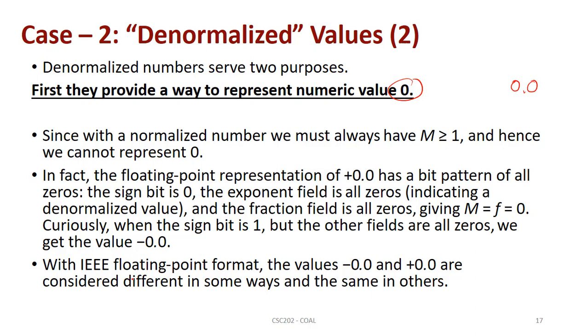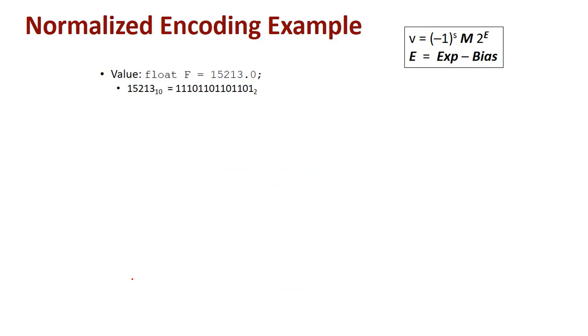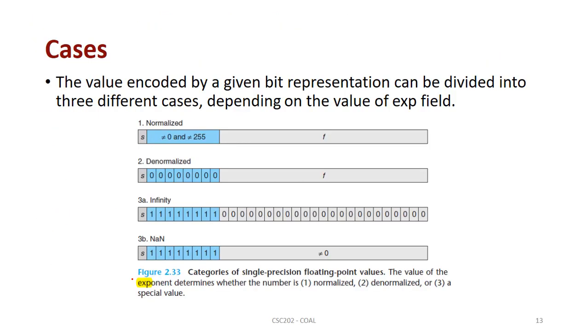Curiously, when the sign bit is 1 but the other fields are all 0, we have a negative 0. So due to this sign bit we can have a positive 0.0, and if this bit is set, a negative 0.0, but eventually 0 is 0.